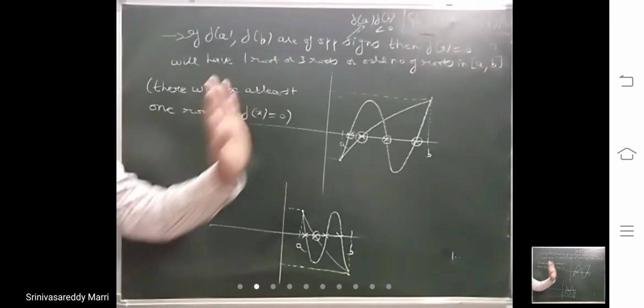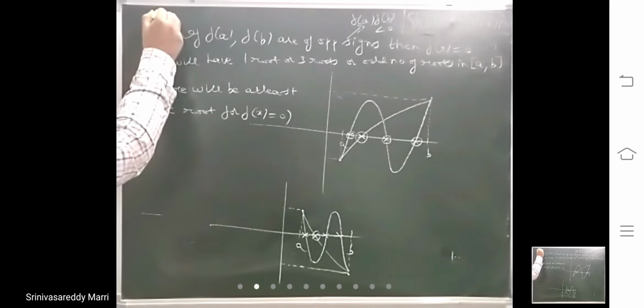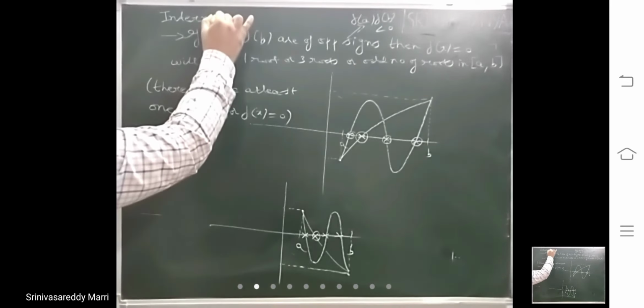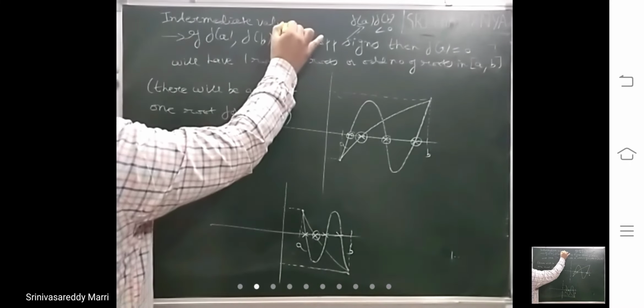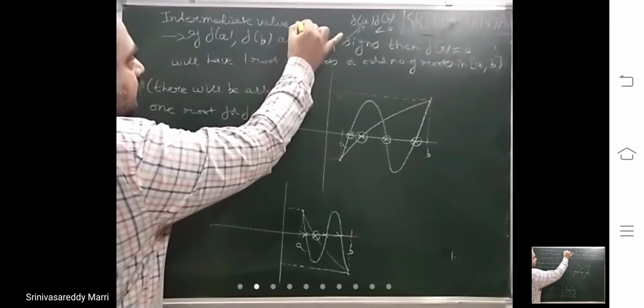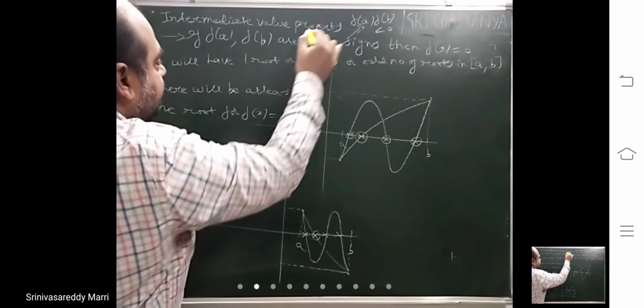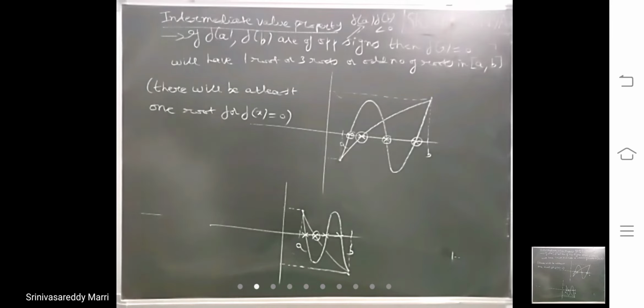Like that, an odd number of roots will be there. This is called the intermediate value property.